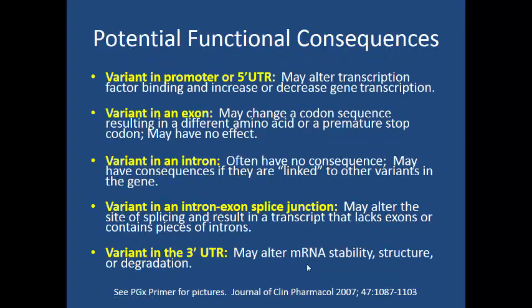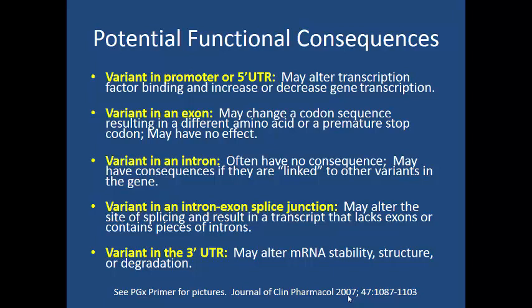So this slide reviews the potential functional consequences of variants in different regions of a gene. And I refer you to that pharmacogenomics primer I posted. I think this primer, it's actually 10 years old now, does a really good job at illustrating, showing pictures of how variants in different regions of the gene ultimately can affect function.